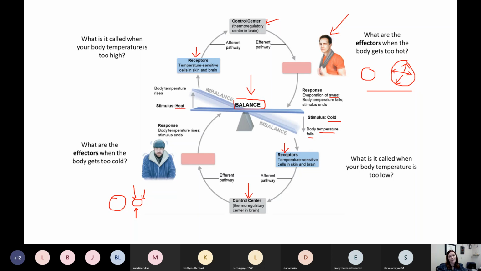How do we feel about thermoregulation? Thumbs up, thumbs down. What do we think? Good. Getting some thumbs up, getting some smiles. Perfect.